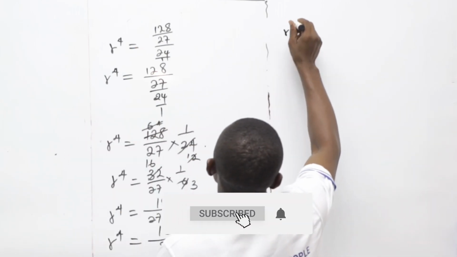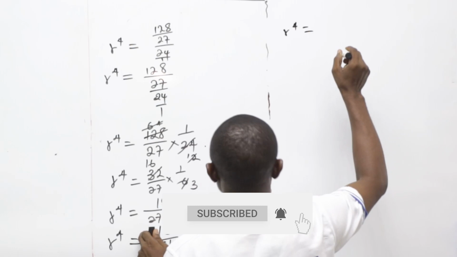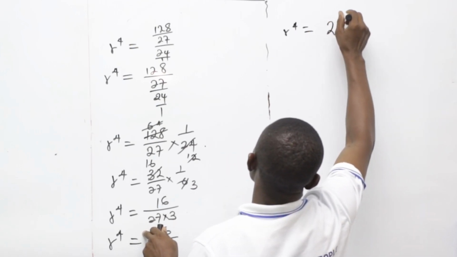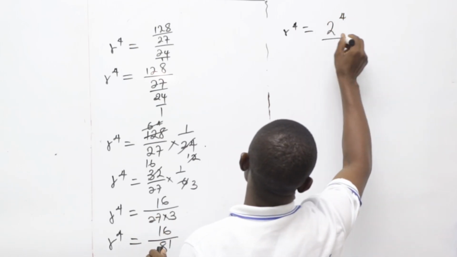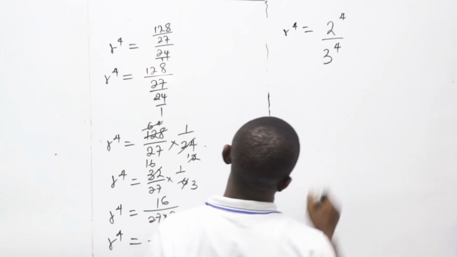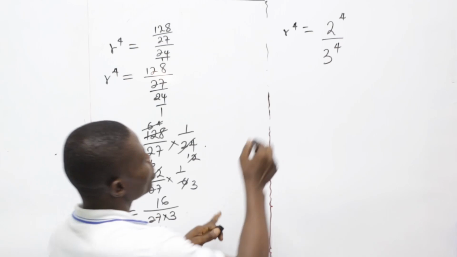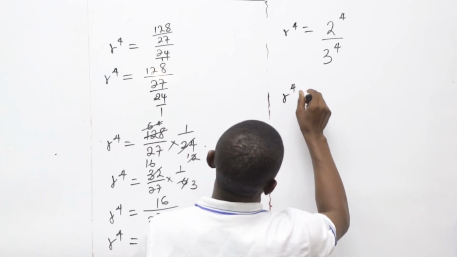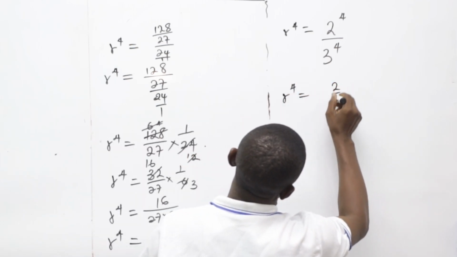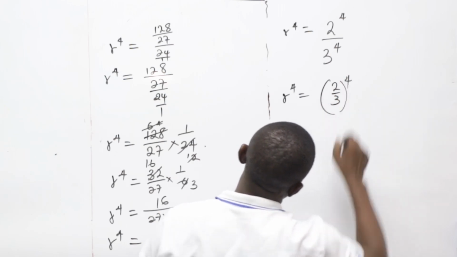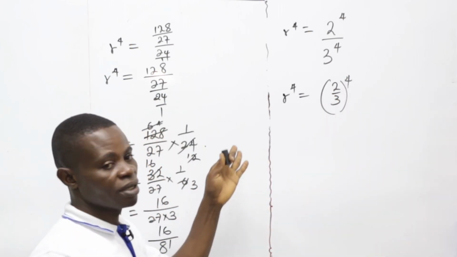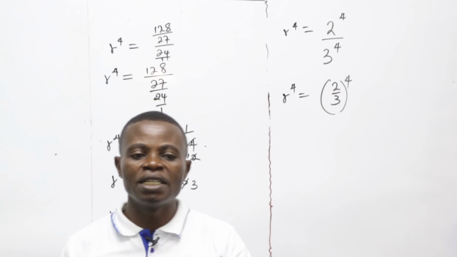So R power 4 equals, for 16 means 2 raised to the power 4. For 81 means 3 raised to the power 4. Watch very well. The powers are the same. So R power 4 equals 2 over 3, all to the power 4. Think about the multiplicative inverse.